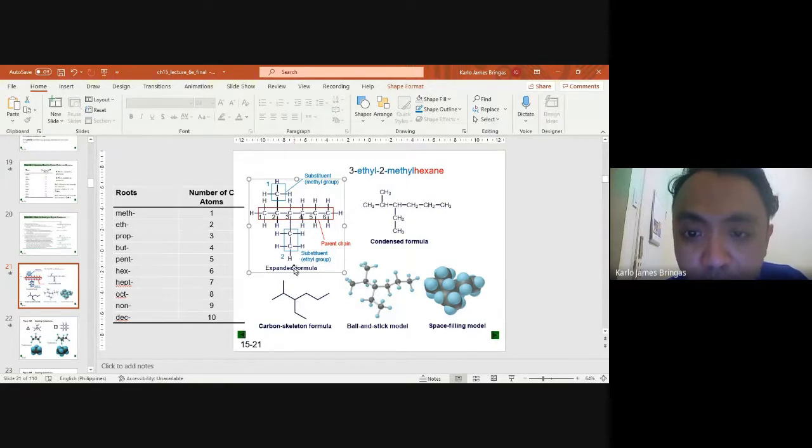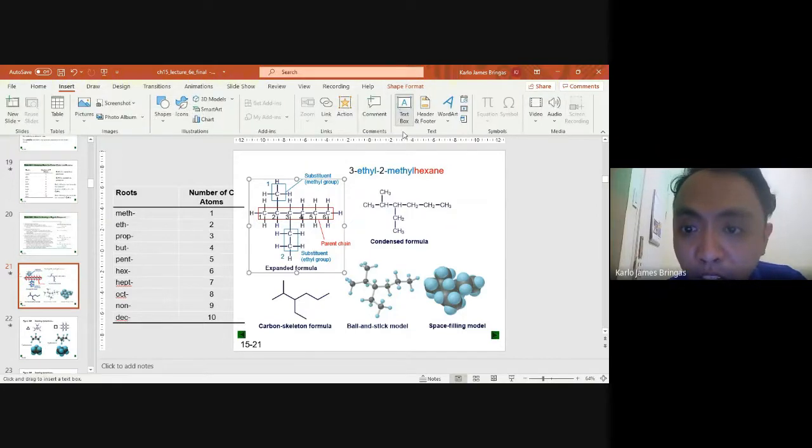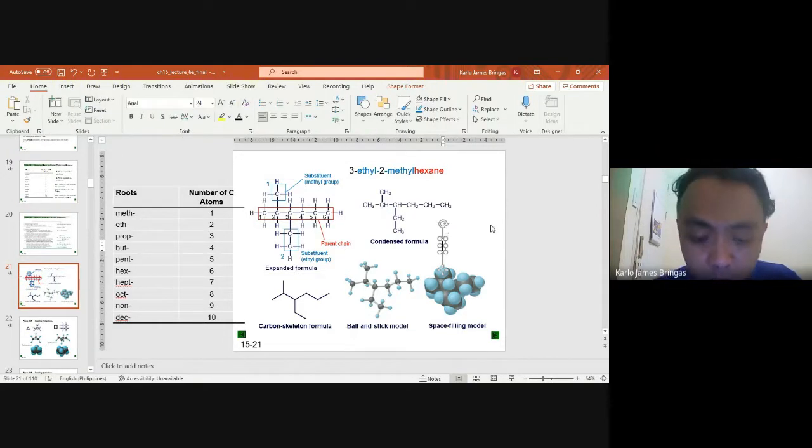But there are other easier ways to represent this one. Obviously, as you can see, it's quite tiresome to have to draw all of the bonds in this Lewis structure. So pwede mo siyang i-condense. So in the condensed formula, ang naka-emphasize lang dito is the connections of the carbon atoms.